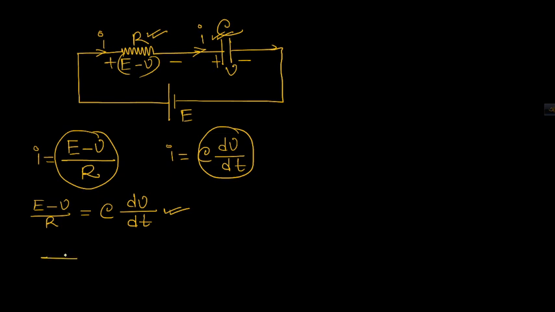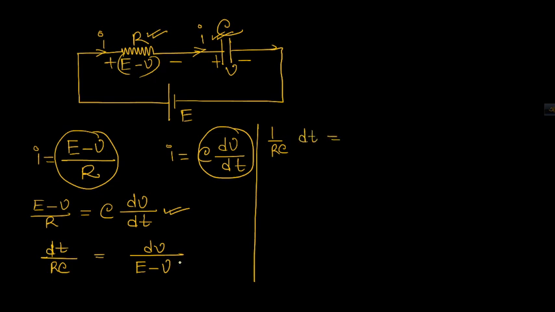So rearrange the equation like this. Place dt on the left hand side, dv, then E minus V on the right hand side. Now we can write this as 1 by RC dt. Then let's write E minus V as minus (V minus E).